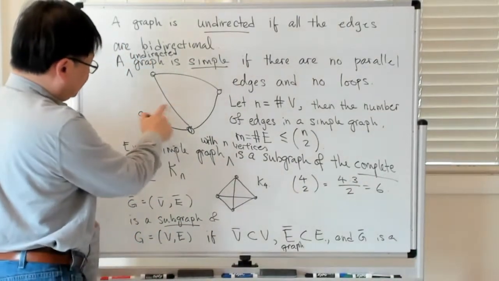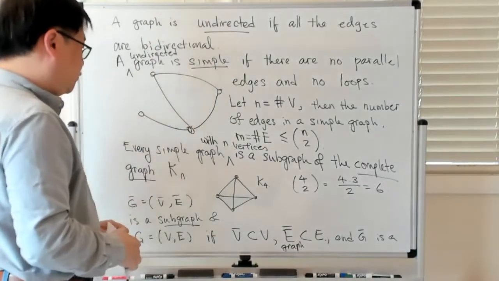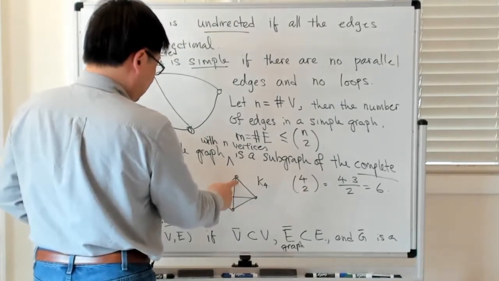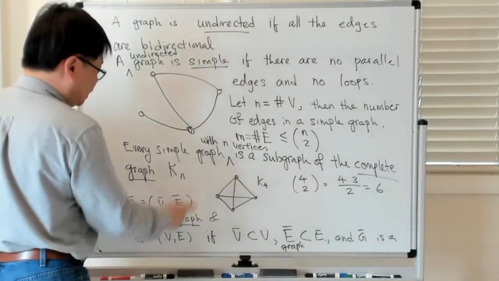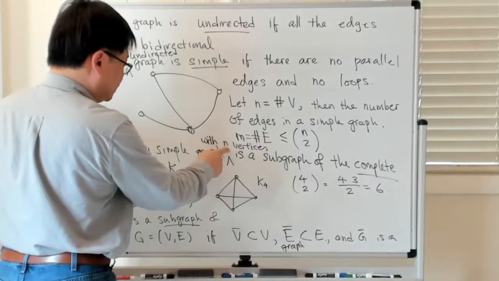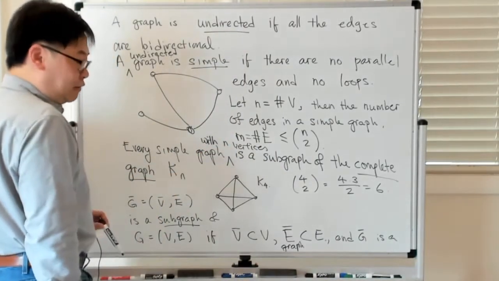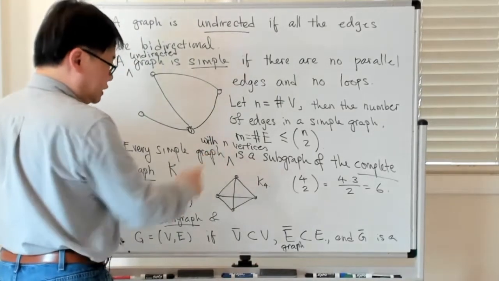Here we haven't done anything extremely interesting, because you started with n vertices and you look at the Kn graph, so the number of vertices is the same.